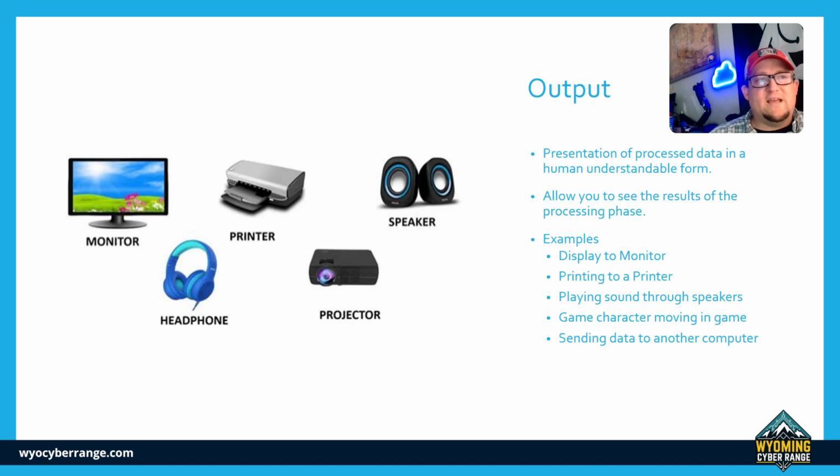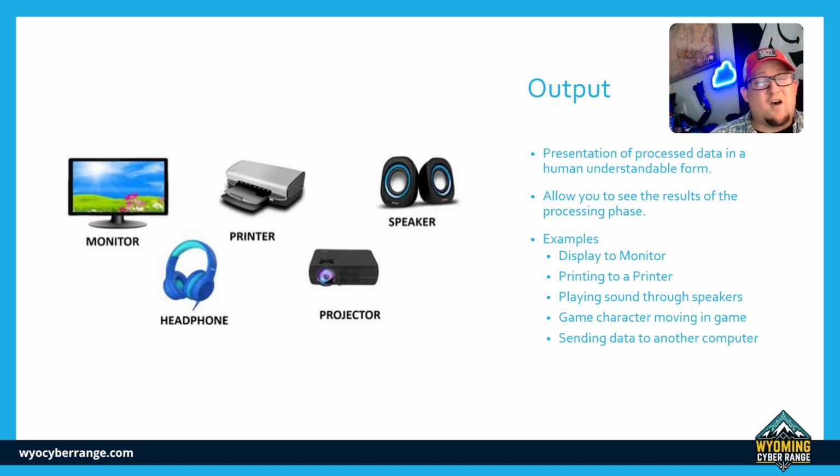Once it's usable data, we're going to present that data in human understandable forms, and then we're going to output it. So it's already been inputted through a keyboard, it's been processed through the processor, and now we're going to output it. The output phase can come in many different forms. It can go on the monitor itself. It can be printed on paper into the real world.